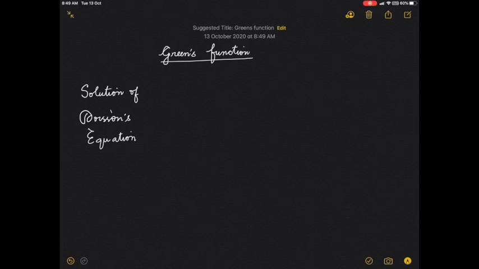And we also said that though we are discussing this in terms of Poisson equation, which is a valid case for the electrostatics and magnetostatics, this method will work if you have a similar setup with any linear partial differential equation. So the Poisson equation is grad square phi equals minus rho by epsilon naught.